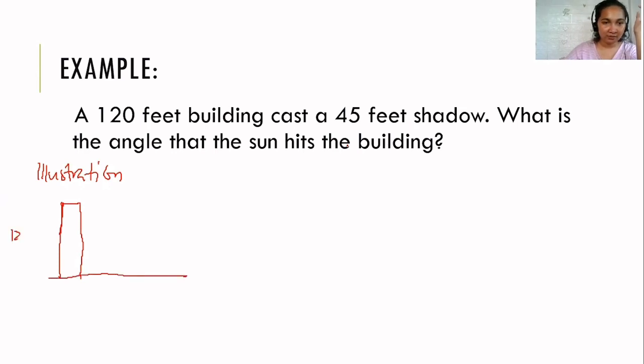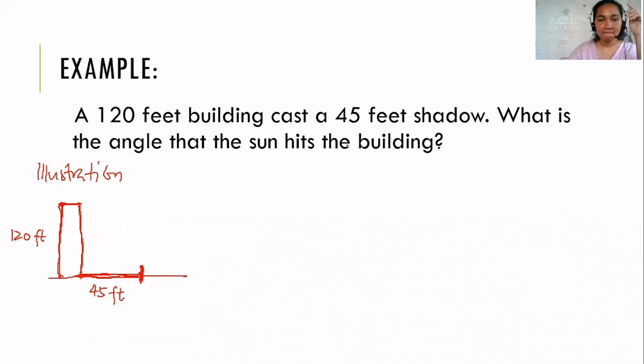So we'll have 120 feet, from this point to here. It casts a shadow that is 45 feet, somehow up to here. What is the angle that the sun hits the building?